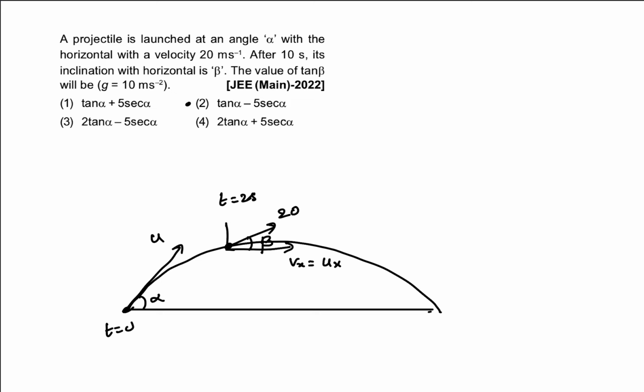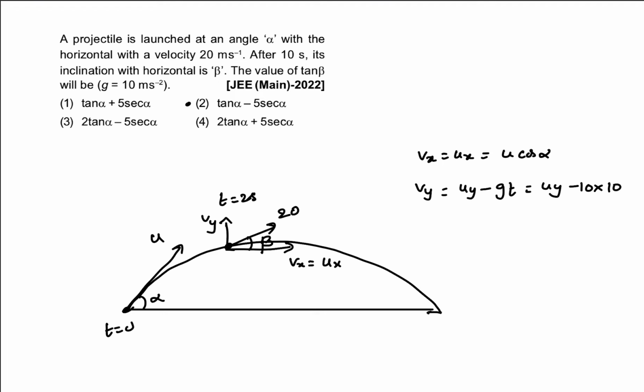You can see Vx is equal to Ux and this is Vy. Earlier also I have given that Vx is equal to Ux, that value is equal to U cos alpha. Similarly, Vy value is equal to Uy minus Gt. I can write Uy only, minus G value is 10, T value is 2.